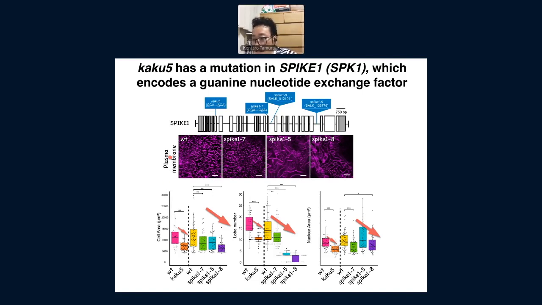We also quantified cellular area, lobe number of pavement cells, and nuclear area. All mutants show similar phenotypes: smaller cellular area, decreased number of lobes, and smaller nuclear area, indicating that SPIKE1 is responsible for the KAK5 mutant phenotype.